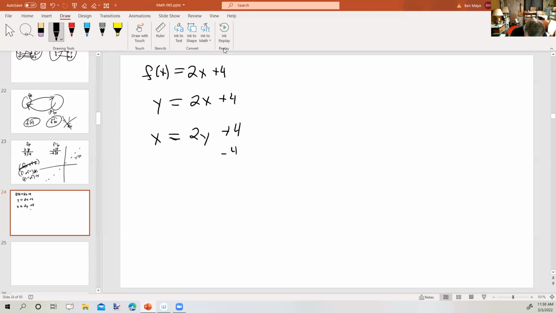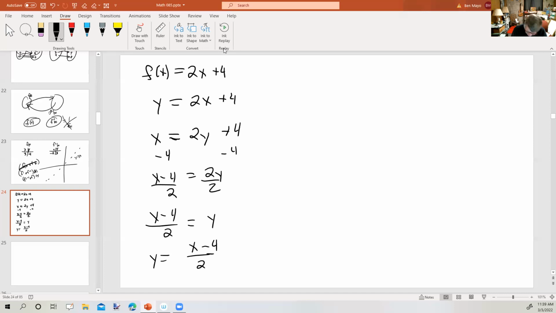So I'm going to subtract 4 from both sides and divide both sides by 2. I'm going to rewrite it putting y on the left side of the equation. That's not really an official step. It's just I like to have it that way. And then the fourth step is to replace y with f inverse of x notation.